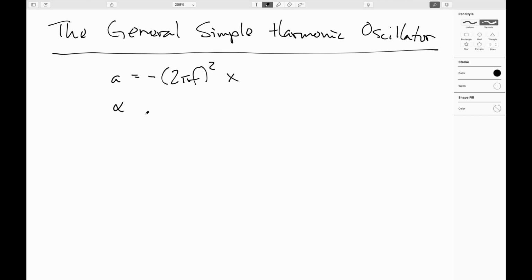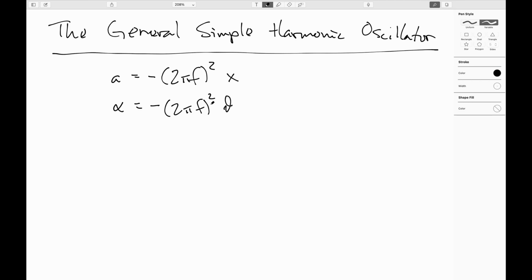So if we find a relationship where we can write the angular acceleration is equal to minus something times theta, the something will be the 2 pi f squared of a simple harmonic oscillator, and this system will somehow be oscillating harmonically. And in fact, this shows up in even more systems than this.